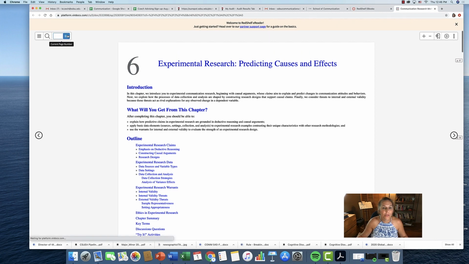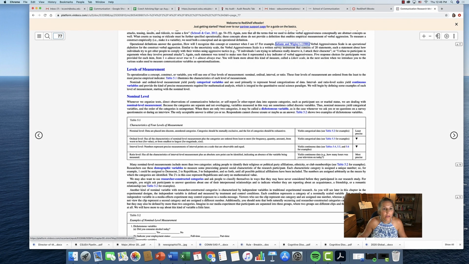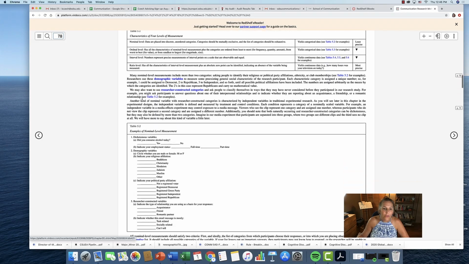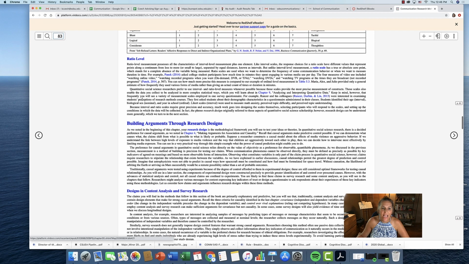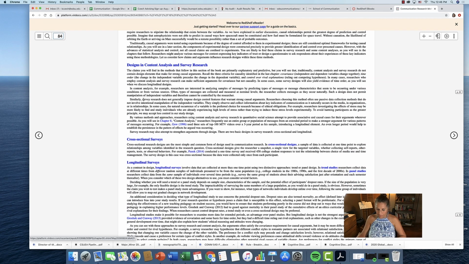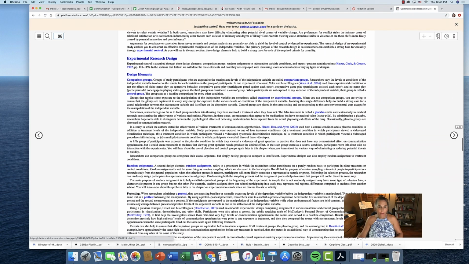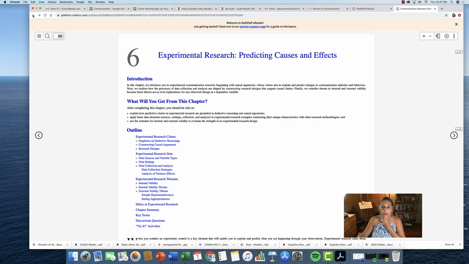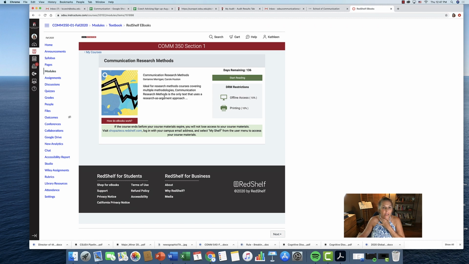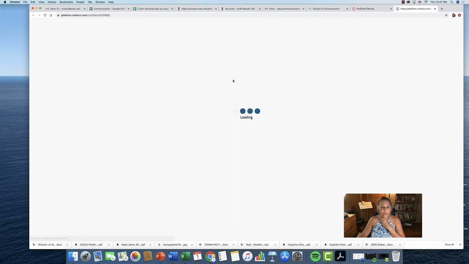Did I pick the right book? Yes, here we are. This is the table I wanted you to see. So it goes through nominal, ordinal, exactly what I was taking you through the other day, and ratio level. So this is what we want to be looking at.